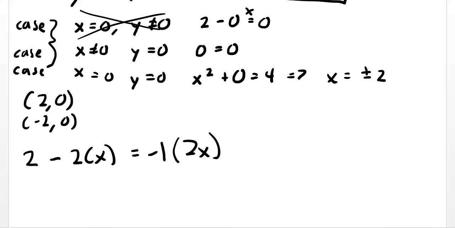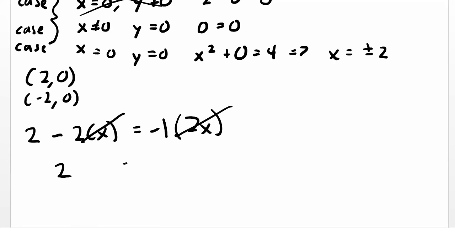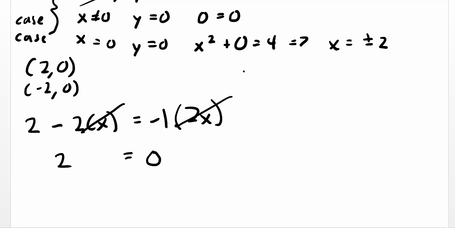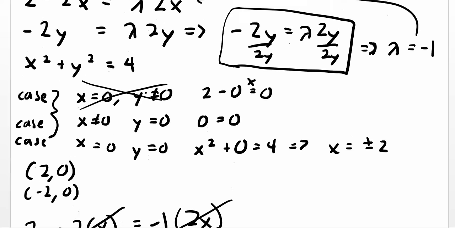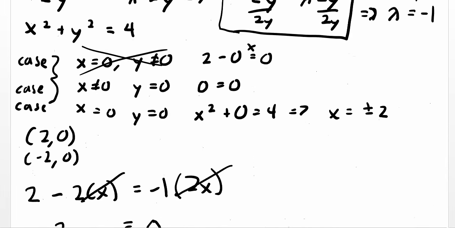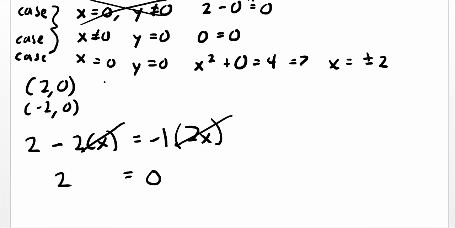Well, notice we have negative 2x on both sides of the equation. So if we cancel these, we get 2 equals 0. Now we haven't done anything wrong. It just means that we don't have any more points that could be maxes or mins. We have our original point 1, 0, and the 2 points that we just found. And again, we would plug all 3 of these into the original function and see which gets the largest z-value and the smallest z-value.